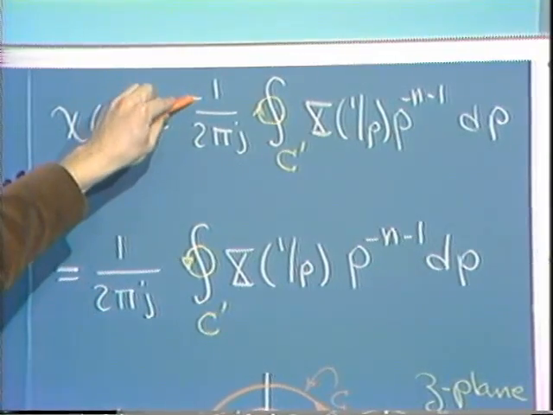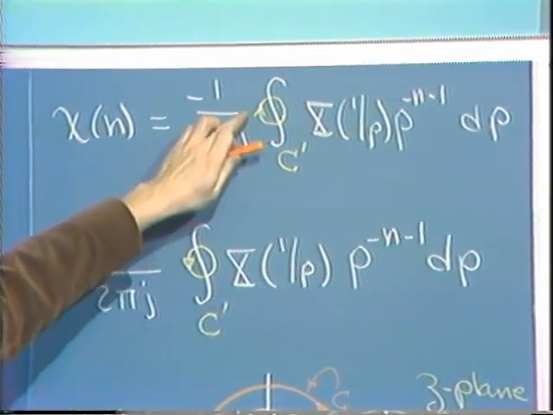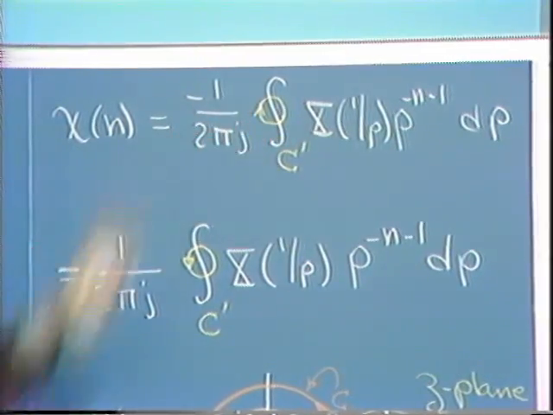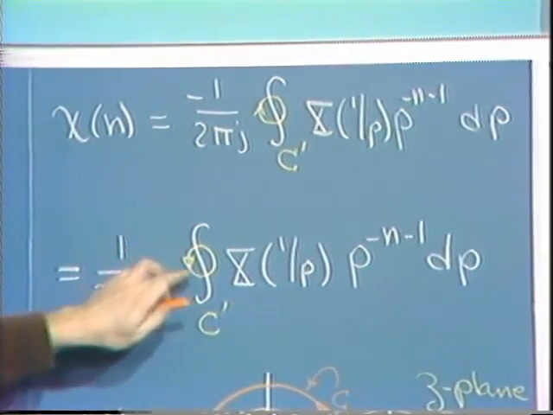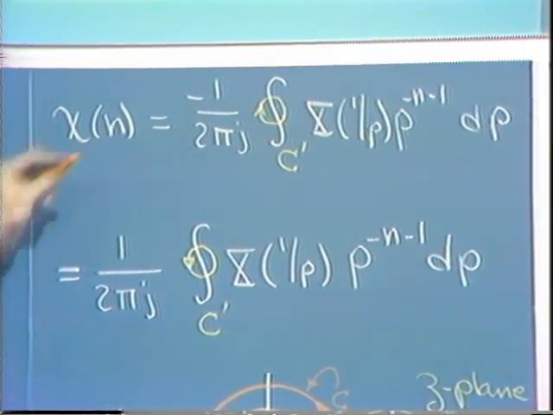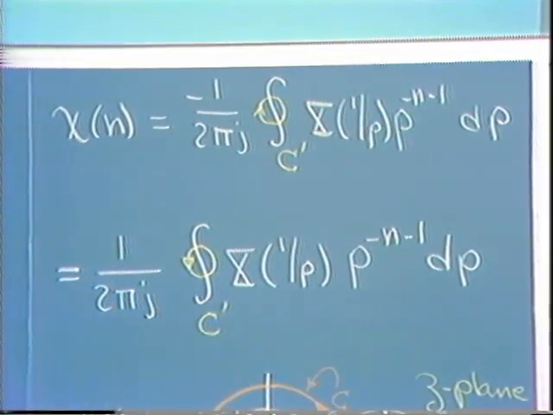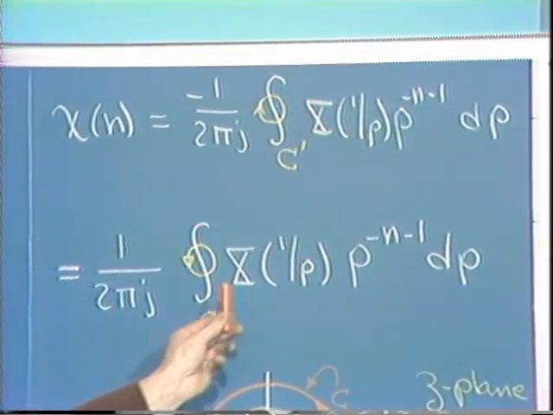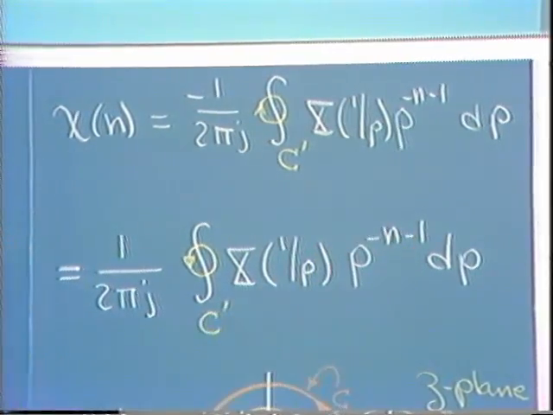But we also have this minus sign. And we can use that minus sign to change the direction of the contour. So if we change the contour back to a counterclockwise contour, get rid of the minus sign, then finally we have the expression x[n] is 1 over 2 pi j times the contour integral of X(1/p) p^(-n-1) dp.